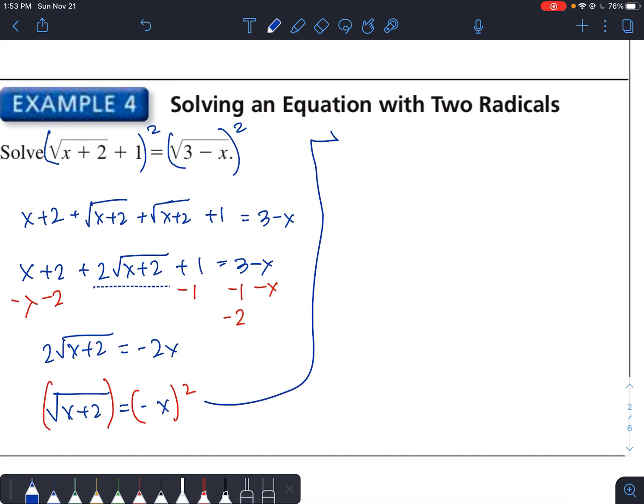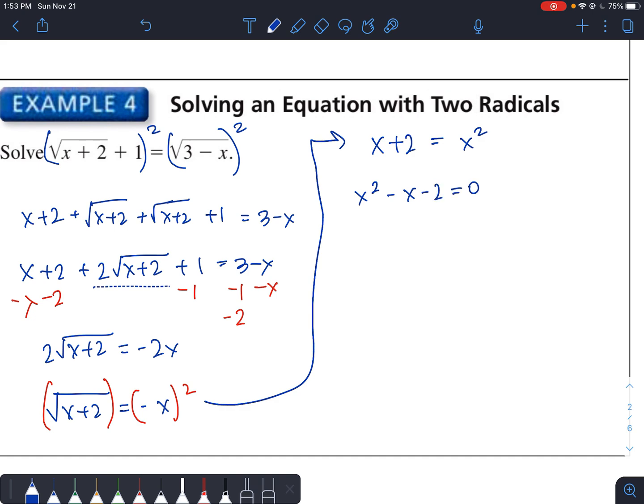Let me move my work over here. I would have x plus 2 is equal to negative x squared, which is just going to be x squared. And I have a quadratic expression. So let's set the quadratic equal to 0 by subtracting x and subtracting 2. So x squared minus x minus 2 equals 0.